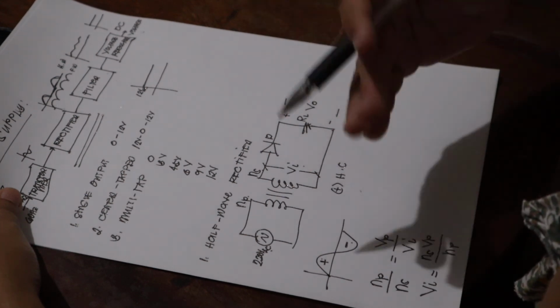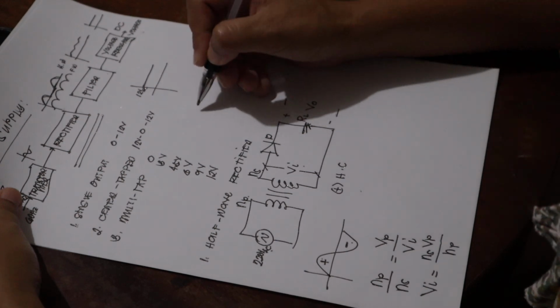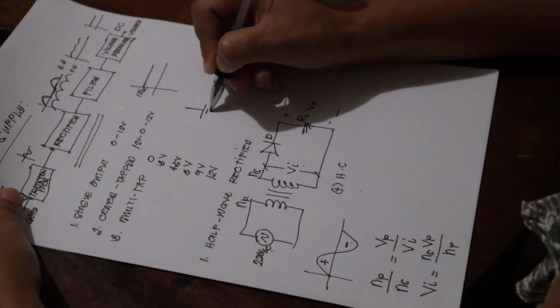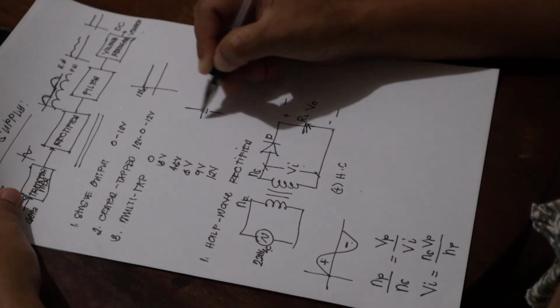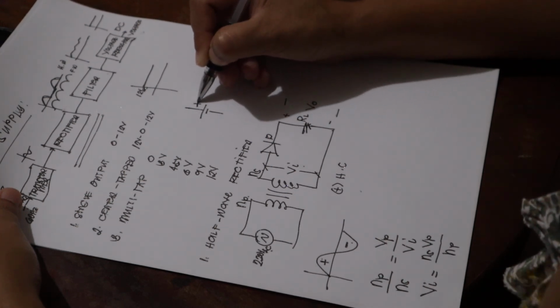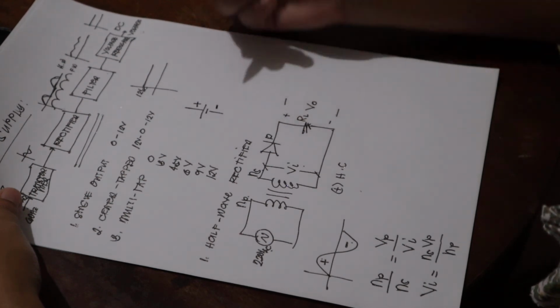It is changing. Unlike if it is DC, di ba, yung ating DC is naka-fix lang yung polarity niya. This is actually the DC voltage symbol. So, positive lang siya dyan, negative lang siya dito.